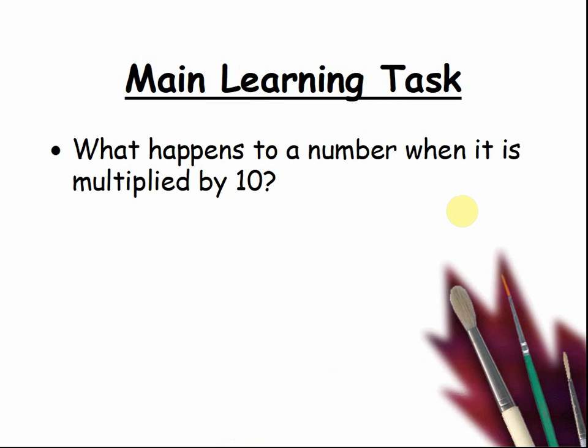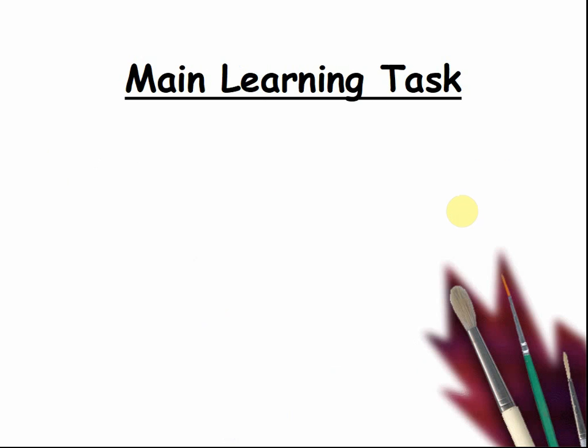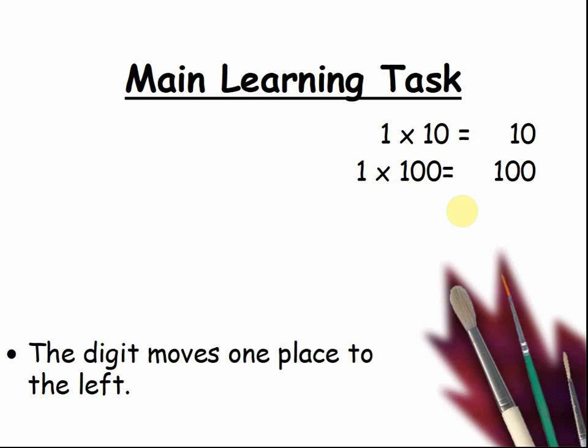What happens to a number when it is multiplied by 10? 1 times 10, 1 times 100. The digits move one place to the left. Saying we add 0 is incorrect. You see? Here is the 1 and it moves to the left.